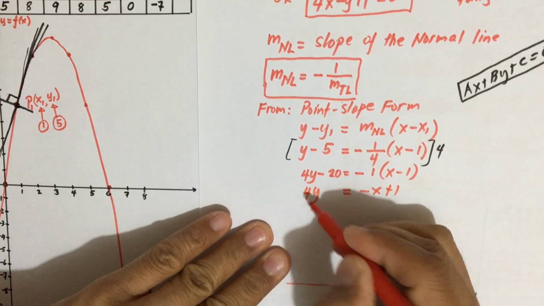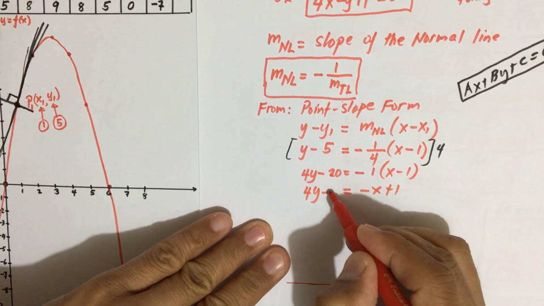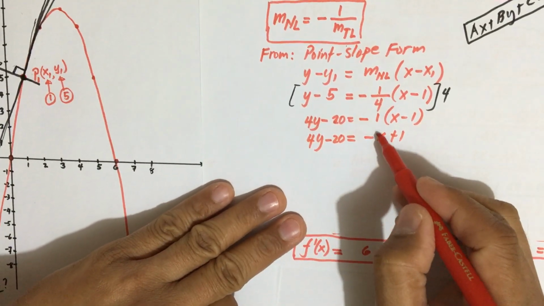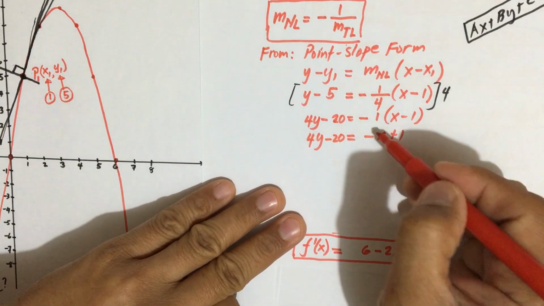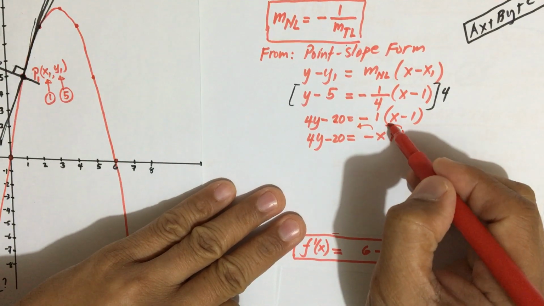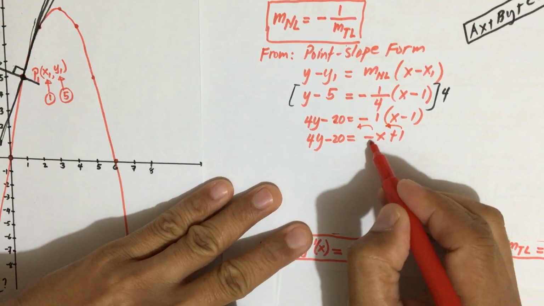So 4y minus 20. Okay, then since x is negative, let's transpose this to the other side, and also transpose the 1 to the other side, and then write it first.